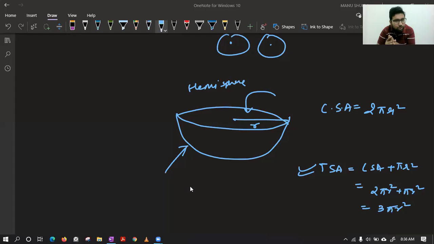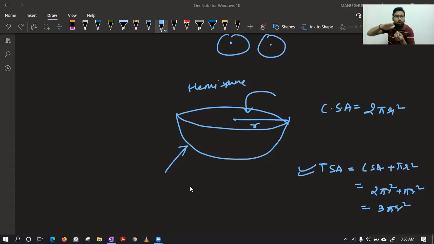Sir, if we are not taking the top in CSA, then there should be only one surface. If you are taking only the curved surface, that is only one surface. That is okay. If you see a Costco ball, it has only one surface. That is why in a Costco ball, TSA and CSA are the same.